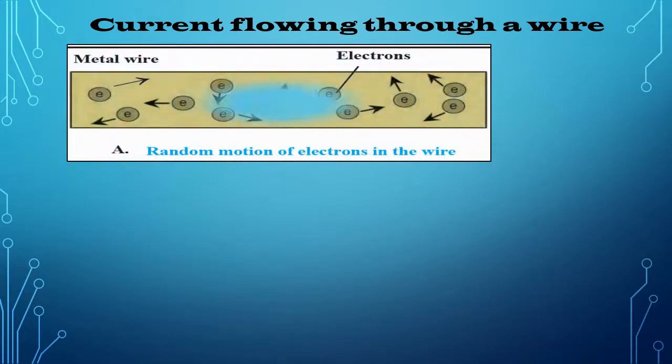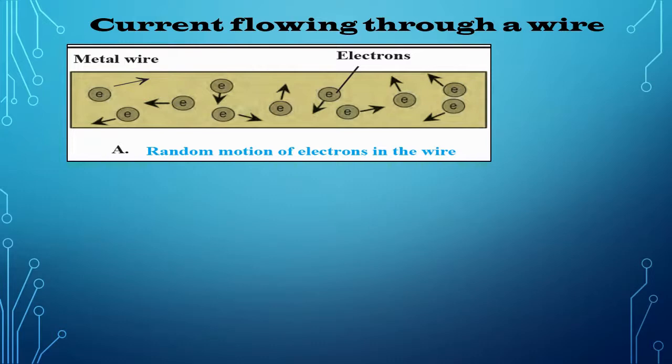As shown in figure A, if a conducting wire is not connected to a cell, its free electrons move randomly in all directions in the space between the atoms. When we connect the ends of the wire to the two terminals of a cell, electric force acts on the electrons.